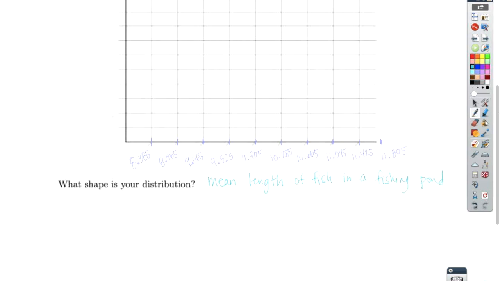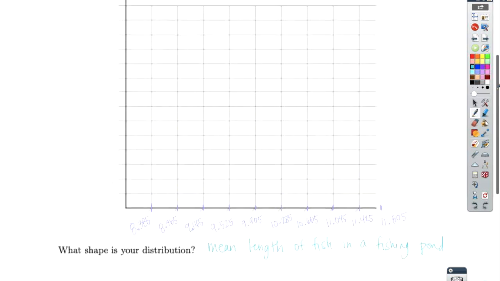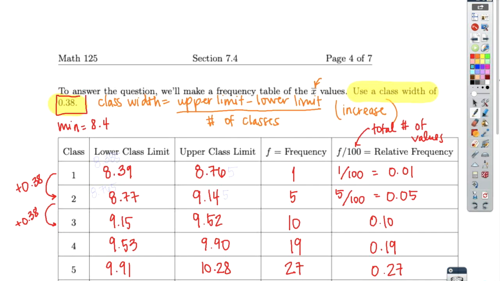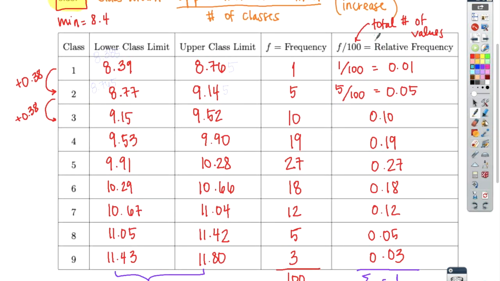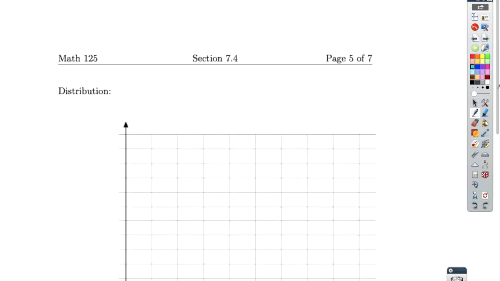All right, and then now across the vertical axis, I needed to label those probabilities. So looking back at my relative frequencies or probabilities, that's kind of what we're doing here. These are probabilities. My smallest one is 0.01 and my largest one is 0.27, so almost 30%. So I'm going to use that here.